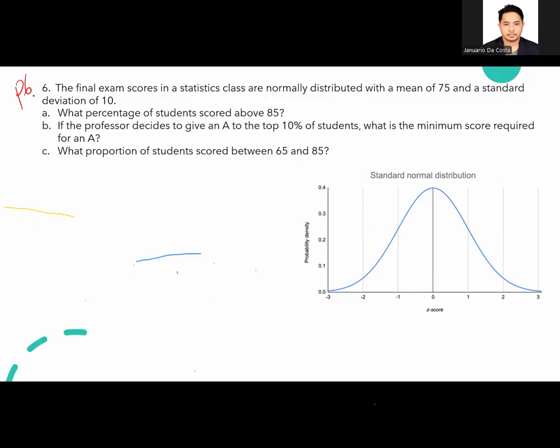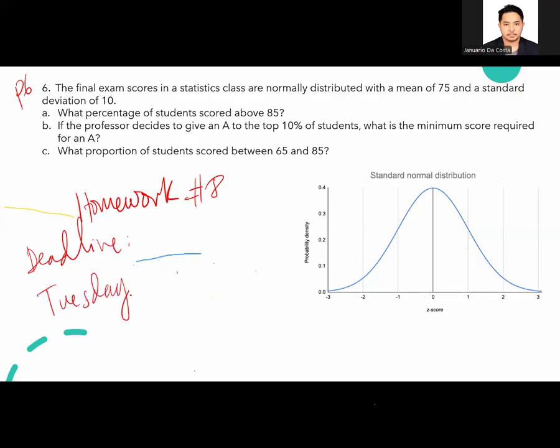Everybody has that? The deadline is next week on Tuesday. Homework number 8, deadline is Tuesday. Today is December 3, right?